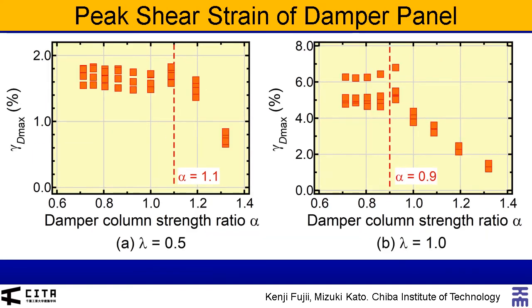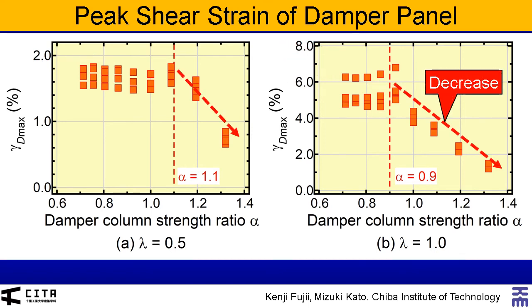Next, focusing on the behavior of the damper panel, here shows the relationship between the peak shear strain of the damper panel in each damper column gamma d max and the damper column strength ratio alpha. As expected, gamma d max is large and stable when alpha is small. In addition, gamma d max decreases rapidly as alpha increases.